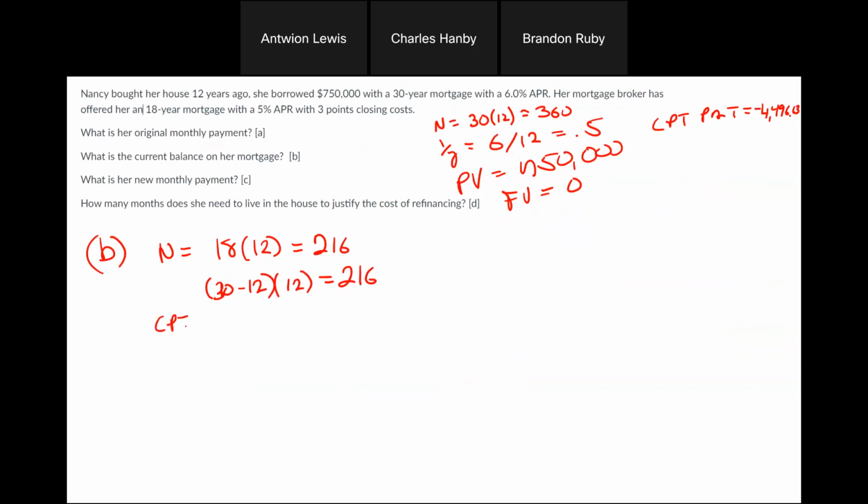Then compute PV. So after 12 years, the balance on our mortgage is 593,045.81. I'll do it on the calculator, but I think it's that.